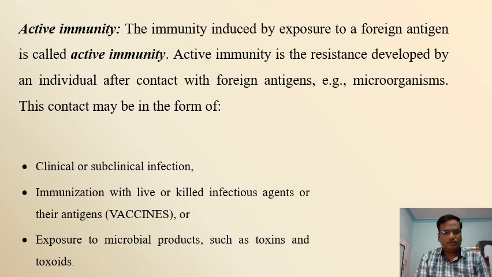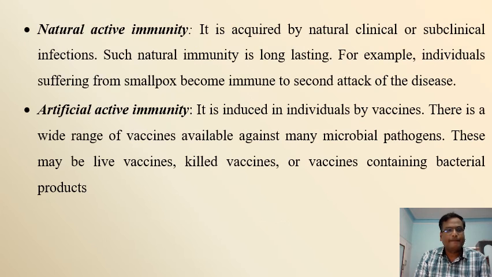And sometimes it may not be pathogens, but some toxins, for example, the venoms of insects, snakes, etc. They also result in active immunity. Whenever a person is bitten by a snake in small quantity, he actually develops immunity against that particular type of toxic material.